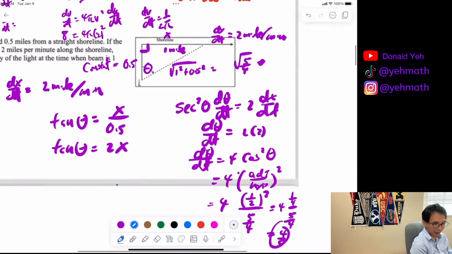I'm going to plug in everything here. Now the tricky part is adjacent squared over hypotenuse squared. Hypotenuse squared is just 5 over 4. Adjacent squared is 1/2 squared. So the 1/4 and 5/4 cancel out, leaving 4 over 5, and that's my answer of 4 over 5.